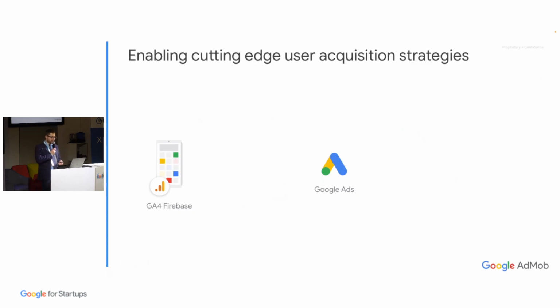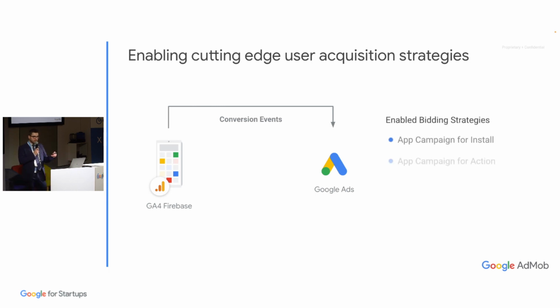Then on the other side of the story, there is spend data, user acquisition data. It shares conversion events with Google Ads for bidding and enables various bidding strategies that rely on data. One of the easiest ways to utilize this integration is running app campaigns for install. I won't share most of it.